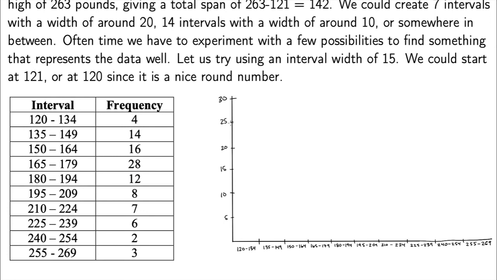And then we're going to create our bars from our frequencies. Again, these bars are going to touch. From 120 to 134, I've got a height of 4. Then 135 to 149, I've got a height of 14. The next one, I've got a height of 16.